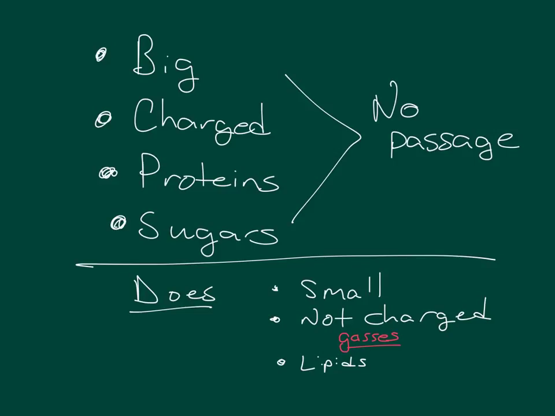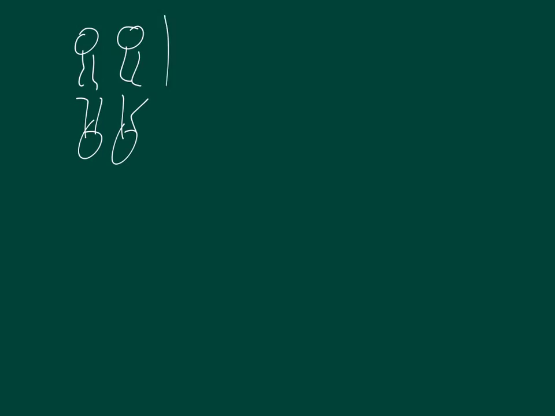All right, so how do we get these in and out? We've covered this, but let's review it really quickly. We talked about facilitated diffusion, right? So you have the membrane here, and then we have this protein that sits in the middle, and they'll be drawn in different ways, okay? So don't get hung up on how I draw it. They could be round, they could be whatever. There's this tunnel inside the protein that allows things to go in and out.